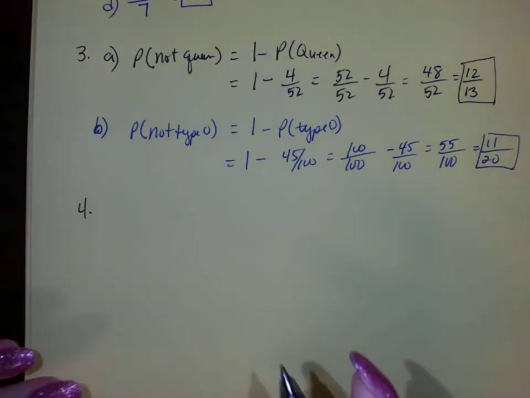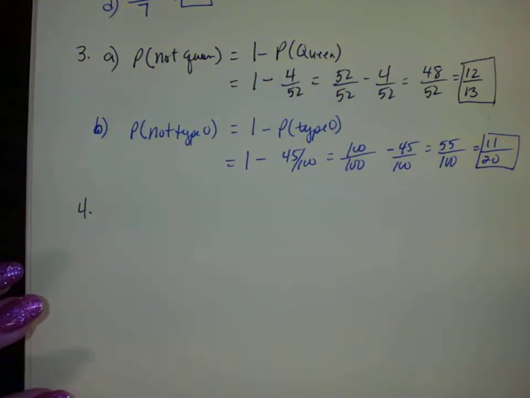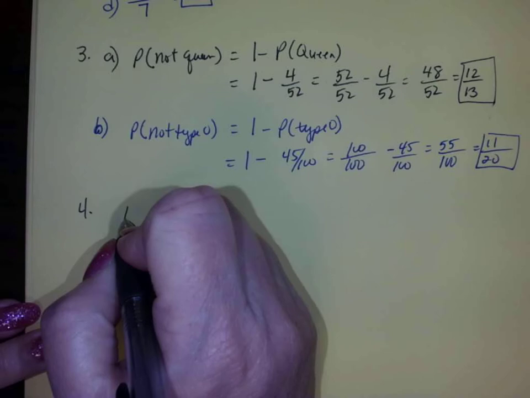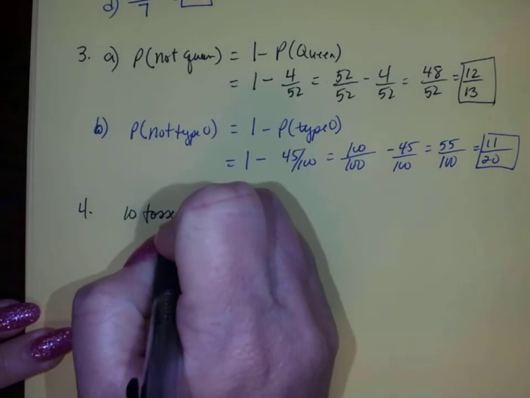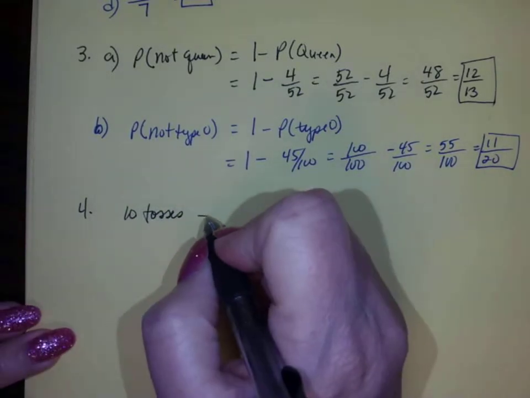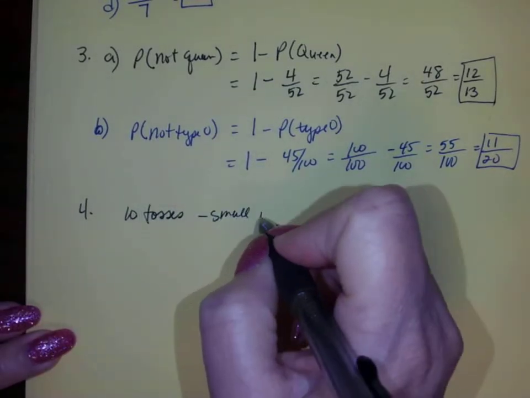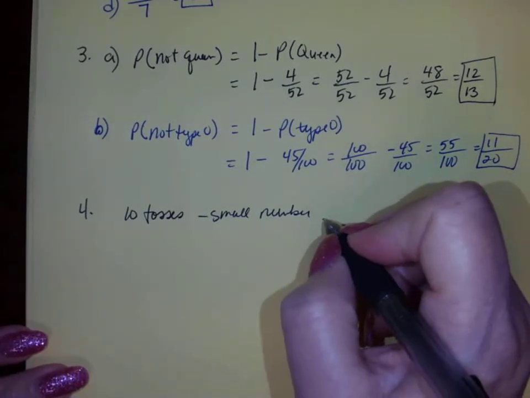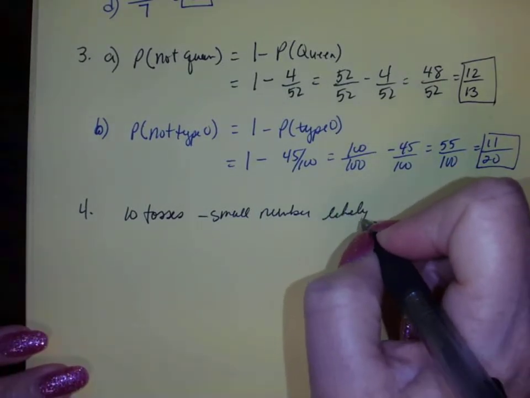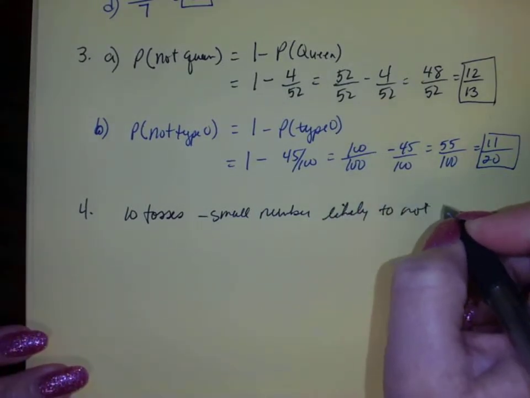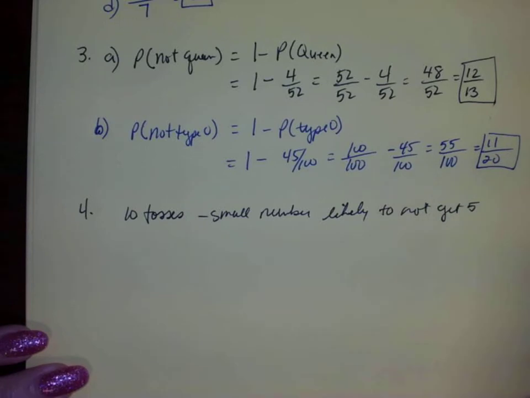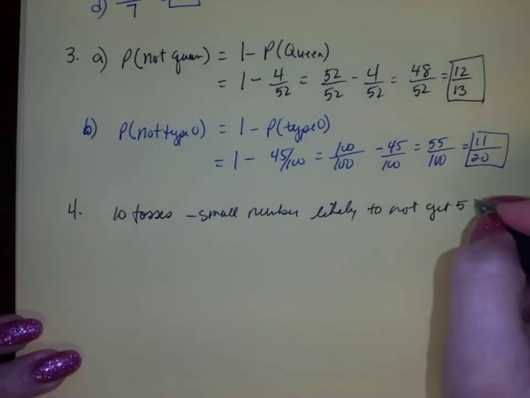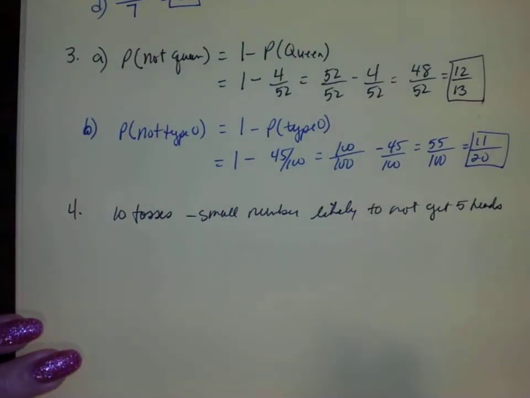All right, let's see if we can write some words there. So for 10 tosses, it's a small number. So we're probably likely to not get 5 heads, we'll put it that way, so it's more clear.